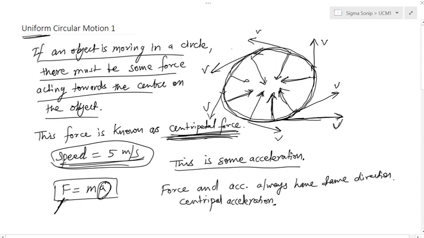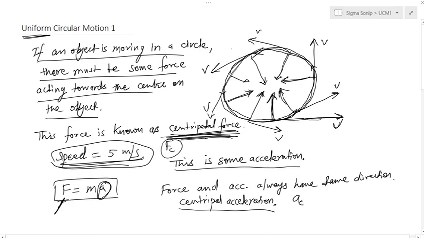So just to repeat that, if an object is in a circular path, it is undergoing acceleration, and the name of that acceleration is centripetal acceleration. The symbol we use is a_c, c for centripetal, and likewise for force as well, we use the symbol F_c, which is basically centripetal force.